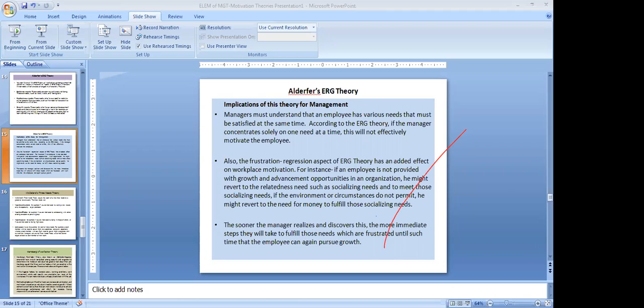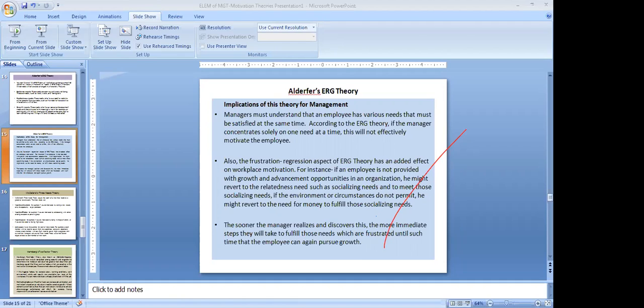I said the frustration regression tendency is the tendency to seek to satisfy lower order needs when the higher order needs cannot be met. And I say that this is a clear departure from Maslow's theory, because Maslow's theory proposes that once a need is met, you move to the next higher order need, and from there to another further higher order need.